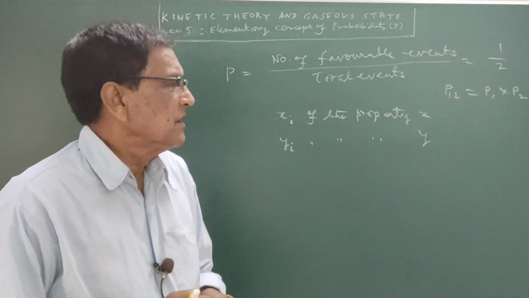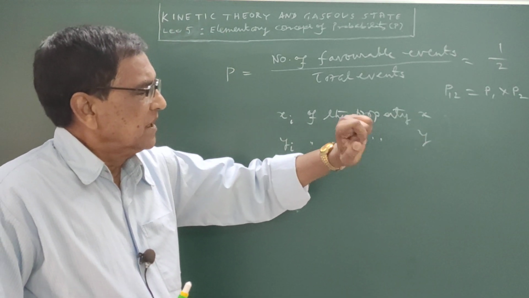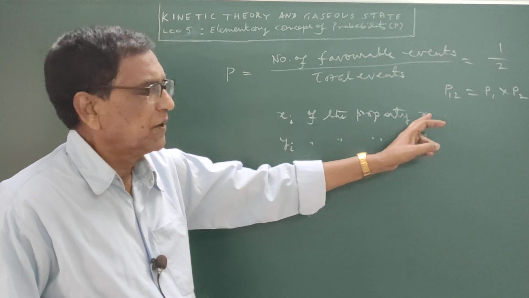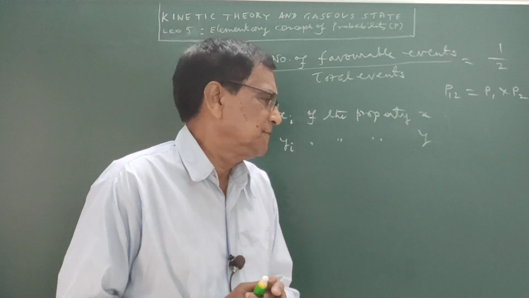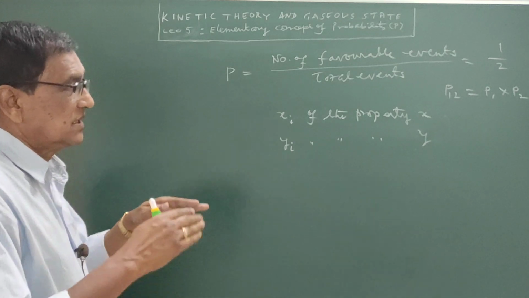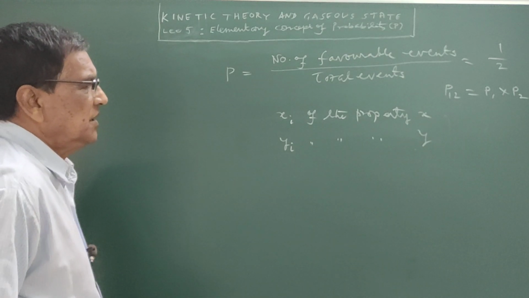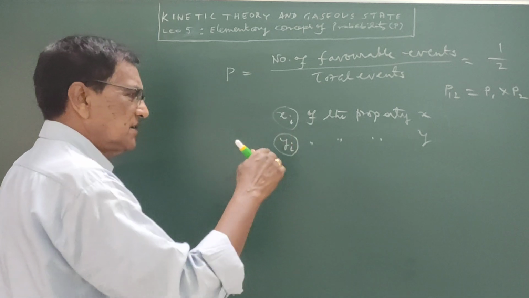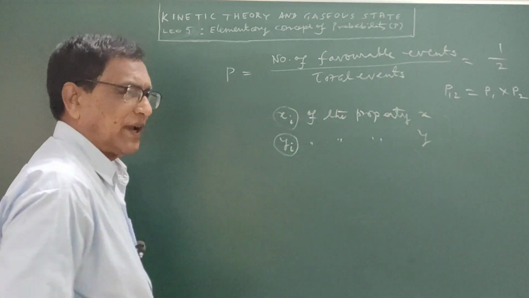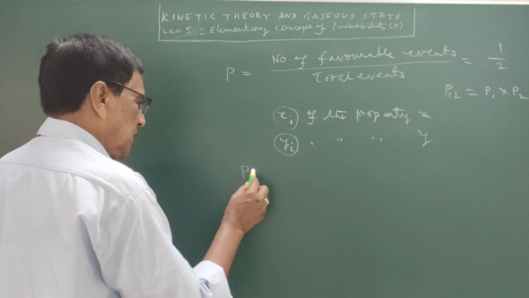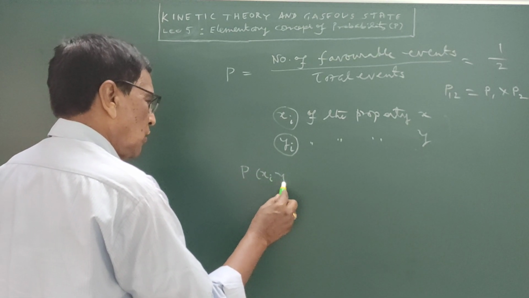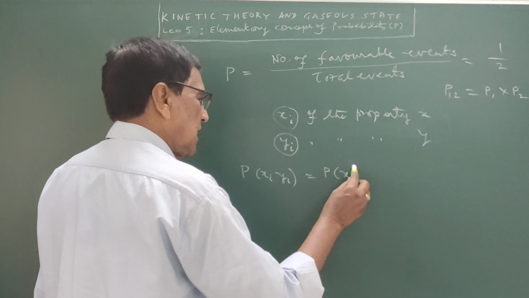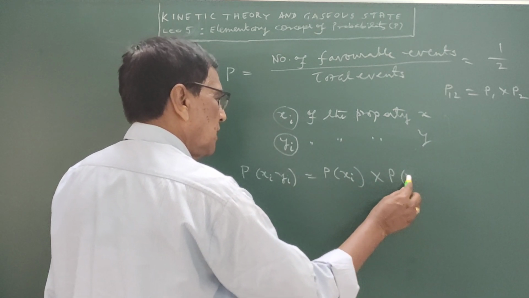Discrete and independent means the value of x does not modify the value of y, or the value of y does not depend on the value of x. These two are independent. So whenever a system is having the values xi and yi simultaneously of these properties x and y, then p xi yi equals p xi into p yi.